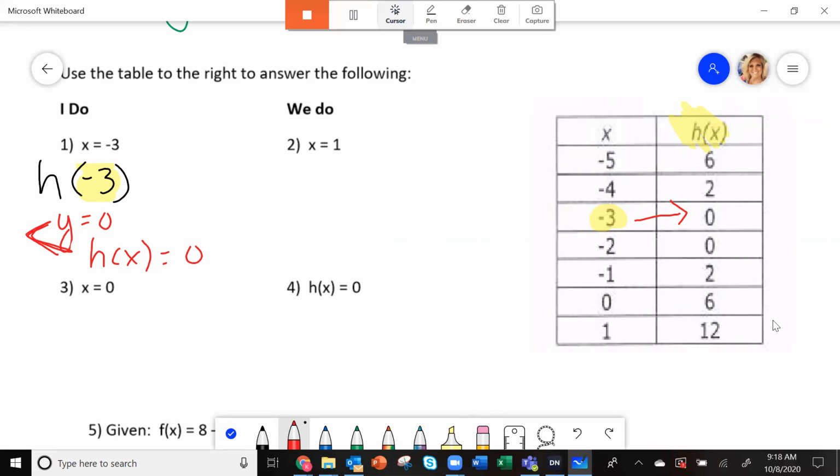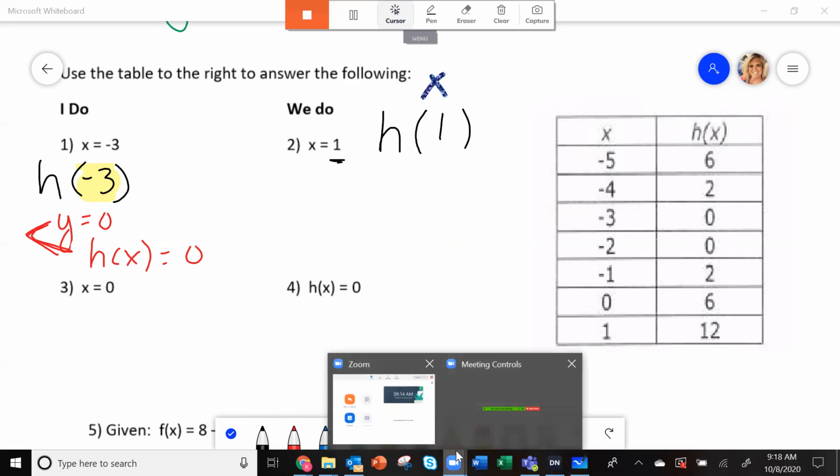So let's go back over here and look at the next one. The next one says x of 1. Well, how do I write x of 1 with function notation? You're going to write h of, and put that number inside the parentheses, h of 1. So it's asking you, when your x value is 1, what is your y value?